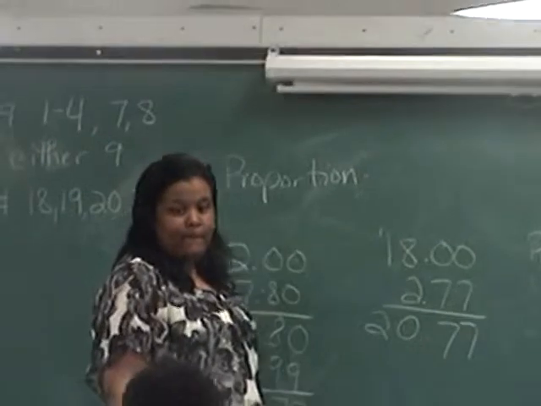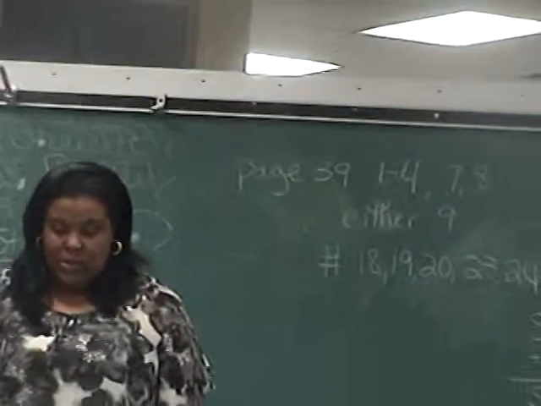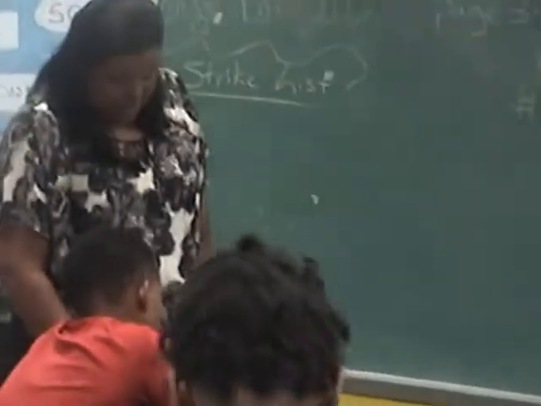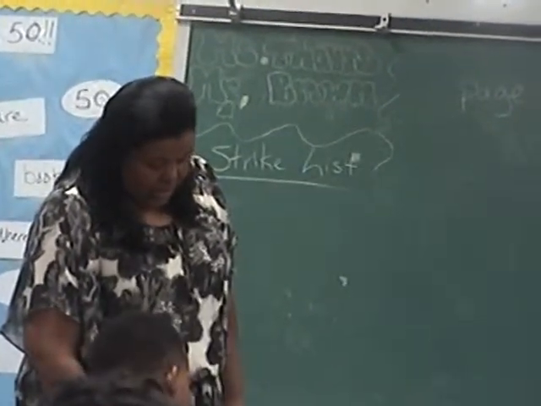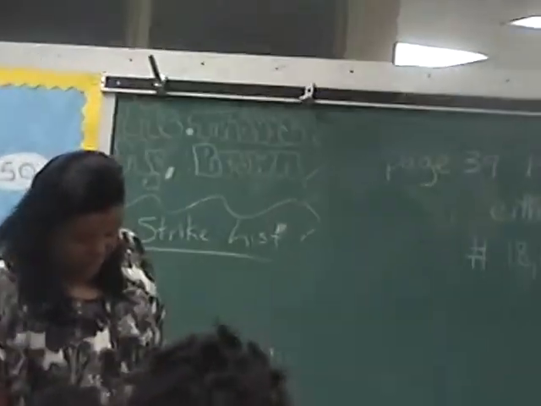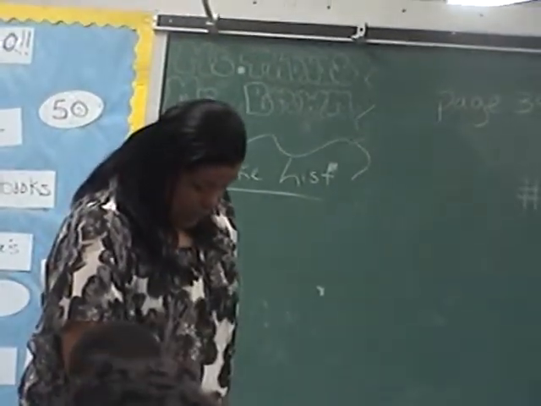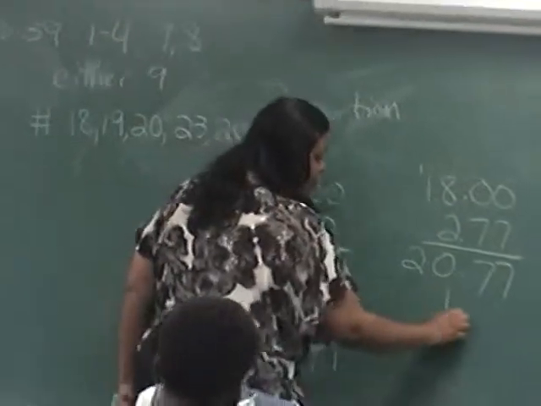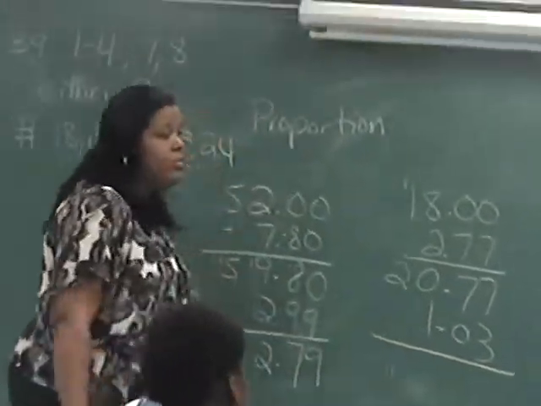Don't guess. 24.77 times 0.0... It's 1.08. Because 10% is $1.03, right? 1.03. You don't have to.